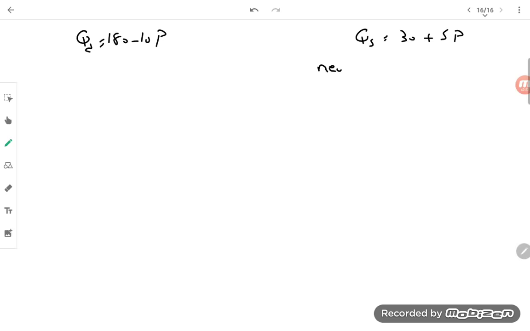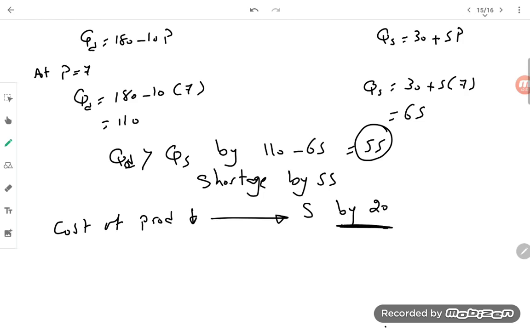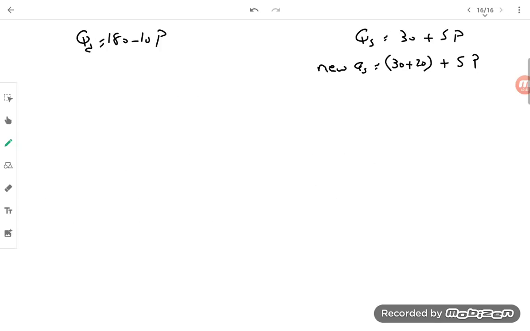The new supply function will be 30 plus 20 plus 5p, which is the change that occurs due to a decrease in the cost of production. If there is an increase in cost of production, it will be minus instead of plus. So if the factor is going to increase supply or demand, it's going to be a plus sign. If it's going to decrease these variables, it's going to be a minus sign. So now we have a new supply function, which is 50 plus 5p.